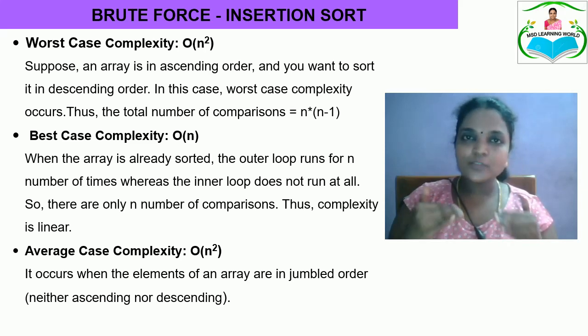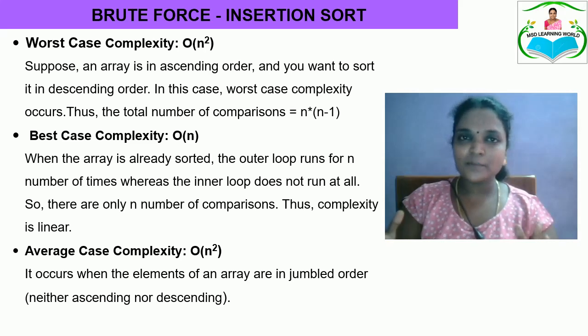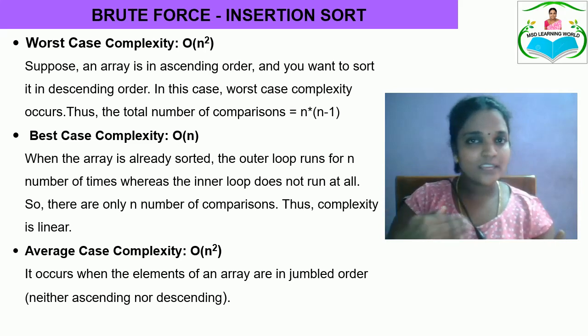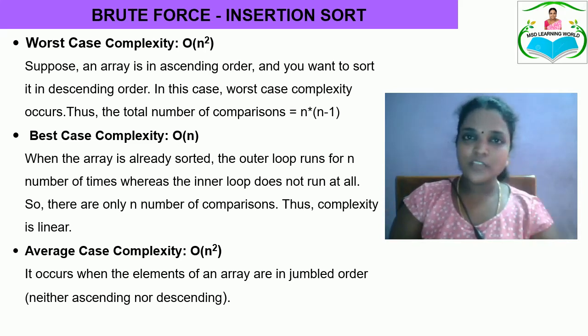Now coming to the average case complexity, you want to sort the elements in ascending order, whereas the elements are jumbled in such a way that half of the elements are in ascending order and half are placed somewhere else. So some comparisons have to be done in the inner i loop. The outer j loop will compulsorily be done n number of times, whereas the inner loop will be done only about half the number of times, though not exactly half.